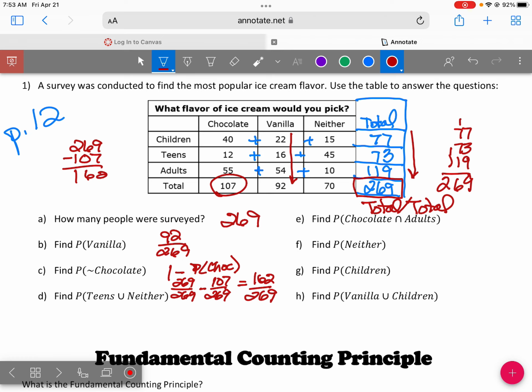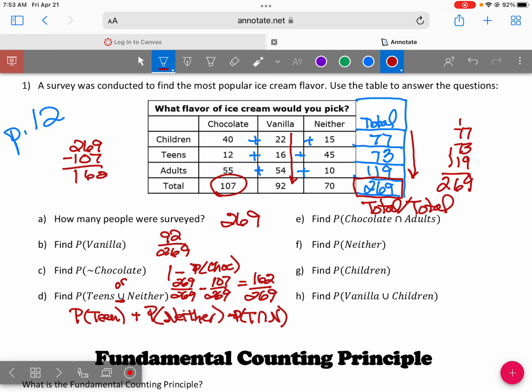Letter D, find the probability that we select teens or, that's the or, remember we're for the union, or that don't care for either chocolate or vanilla. So, if you remember, when you have or, that's the probability of the teens plus the probability of neither minus the intersection of teens and neither.